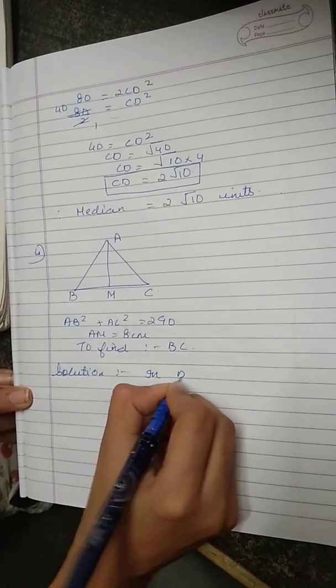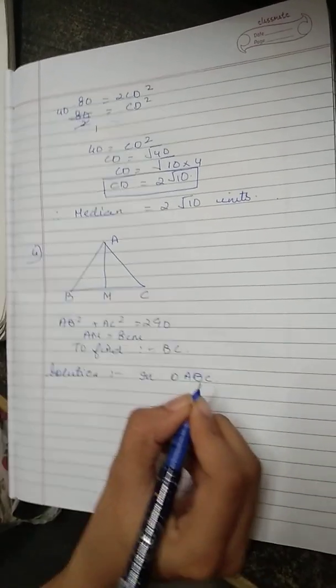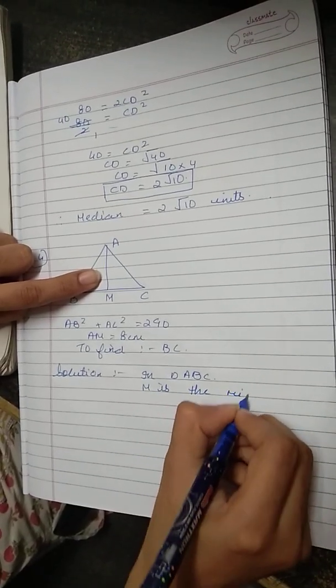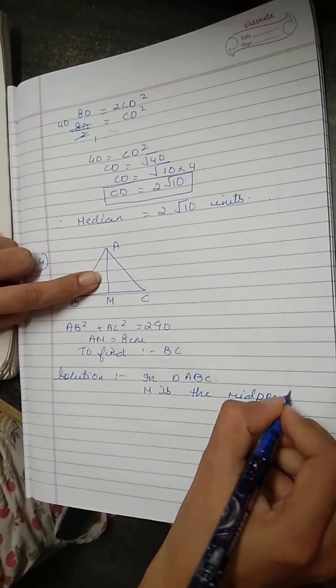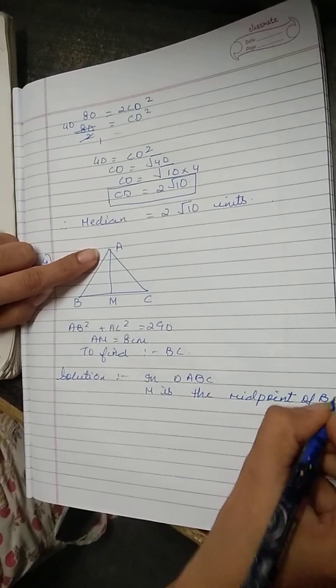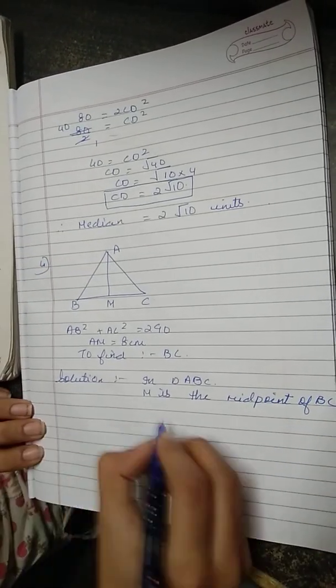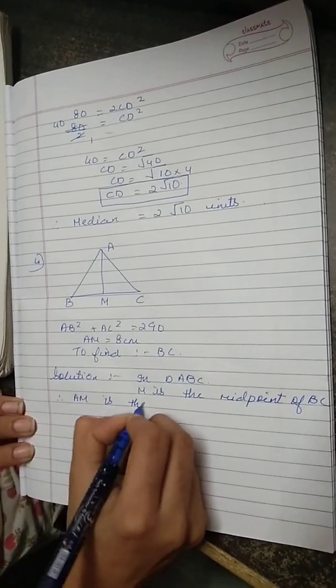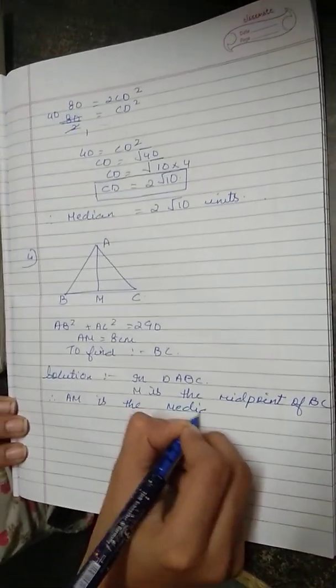In triangle ABC, M is the midpoint of BC, therefore AM is the median.